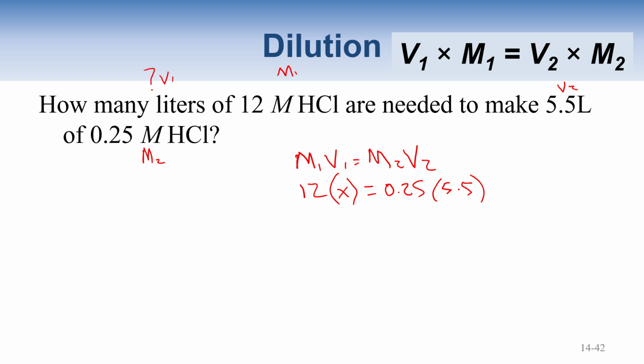So we do 0.25 times 5.5 and then divide away the 12, and we would start with 0.11, and we'll round it to 5. And what unit? Well, we started with liters. We're going to put our units in liters.